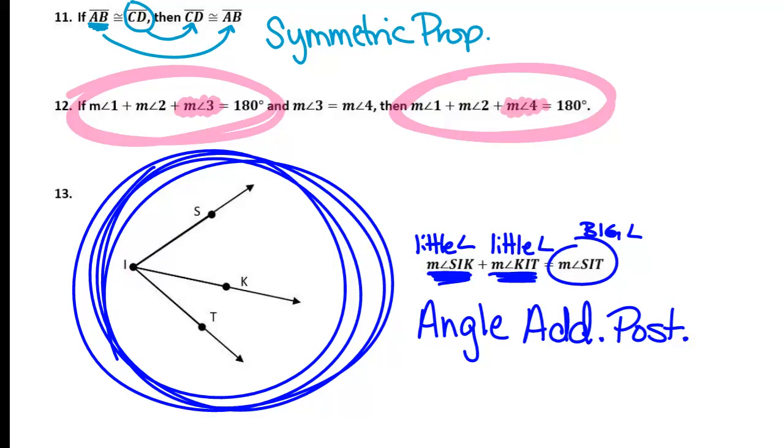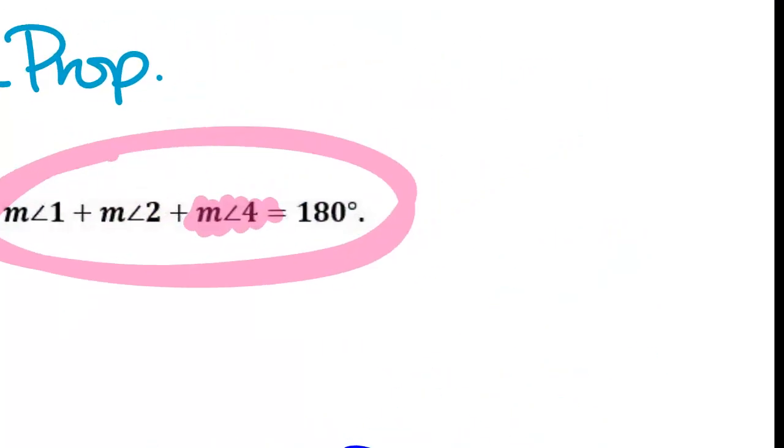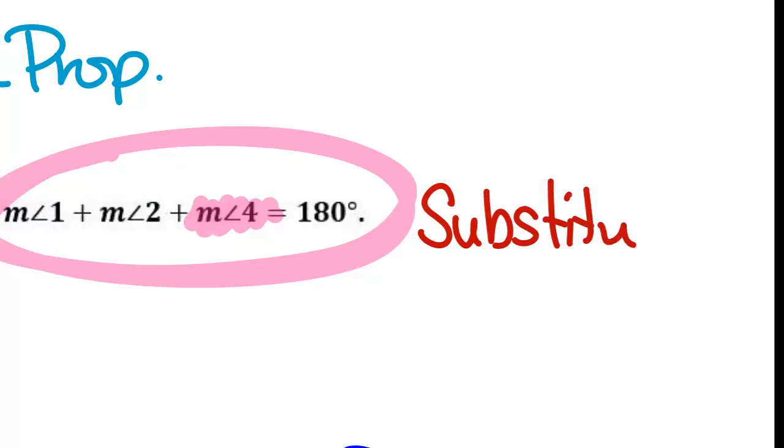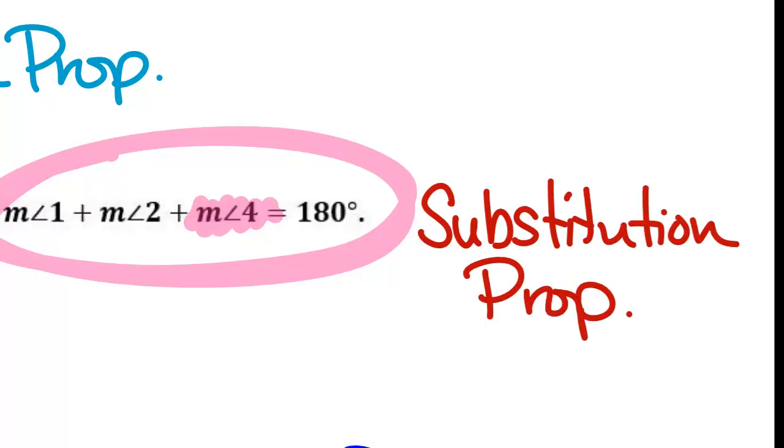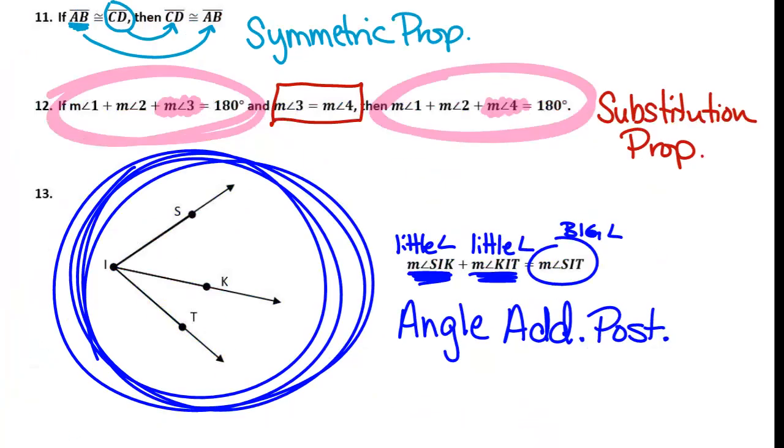It was replaced with angle 4, and that is substitution, yes. We know that we can do that because here it said angles 3 and 4 are the same size. I'm only allowed to trade out things that are the same size. That is our substitution property. Perfect. All right. Let's look at number 14 now.